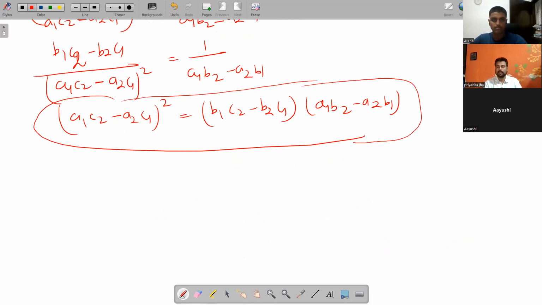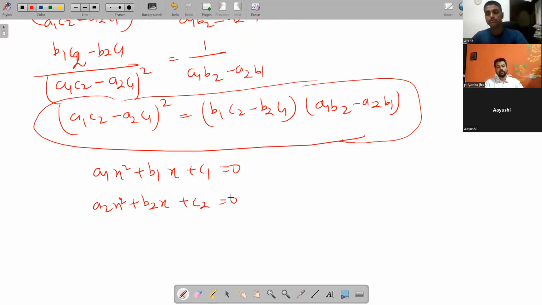This looks a little scary, so how to remember this? I'm telling you the trick. This is the first equation and this is the second equation. Just write the coefficients here: a1, b1, c1, a2, b2, c2.